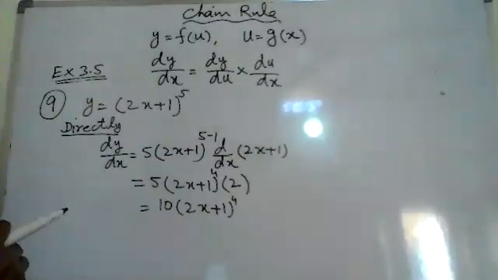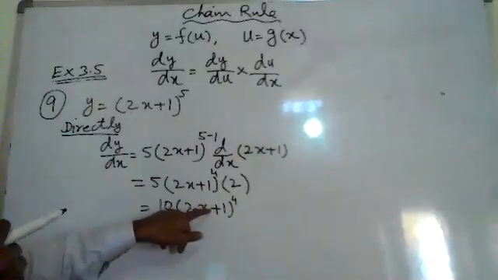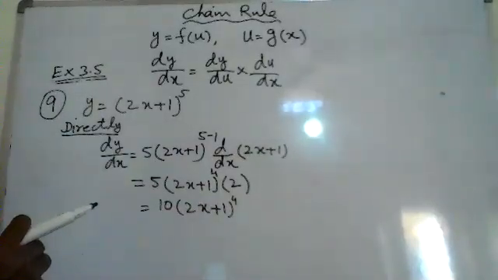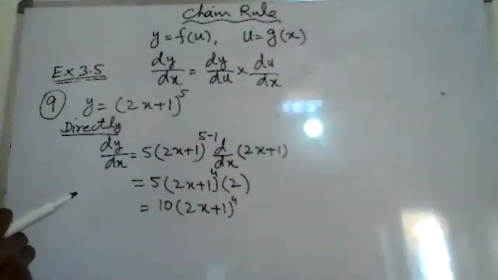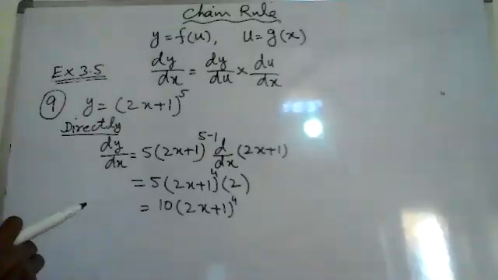So 2 is the answer. So 2 into 5 will be 10. 10 into (2x plus 1) raised to power 4. This is the final answer. This we did directly. I think directly is more easy.